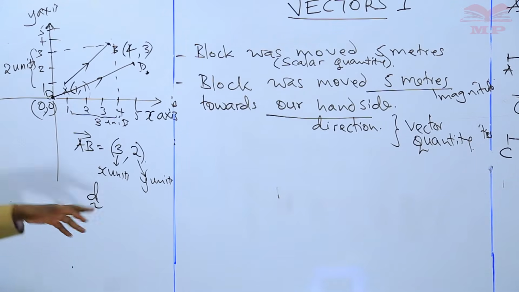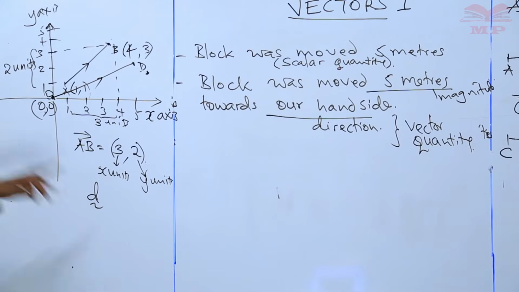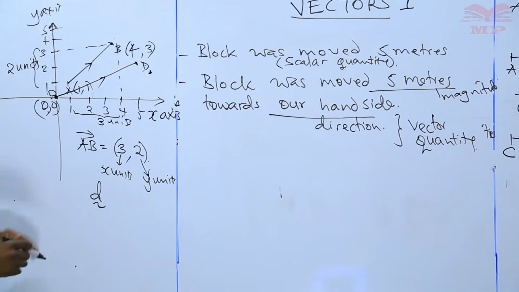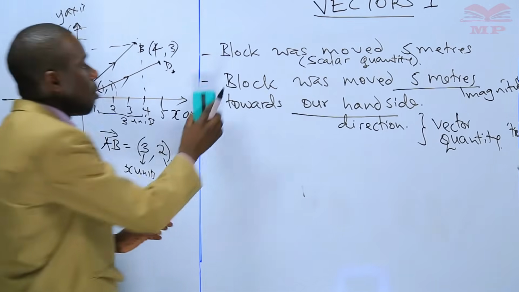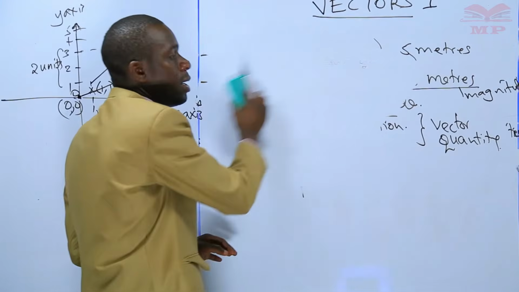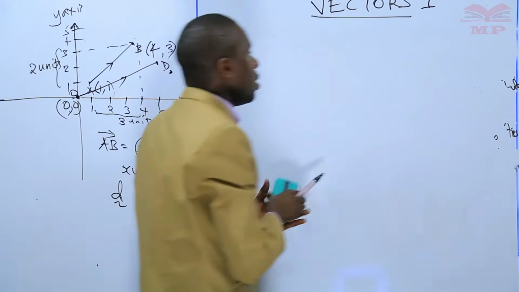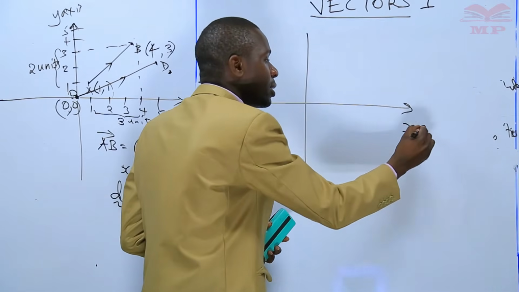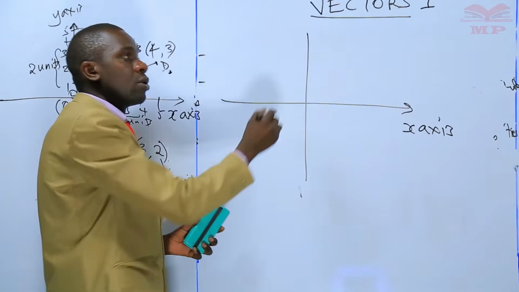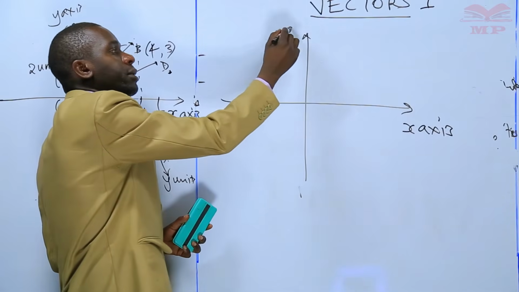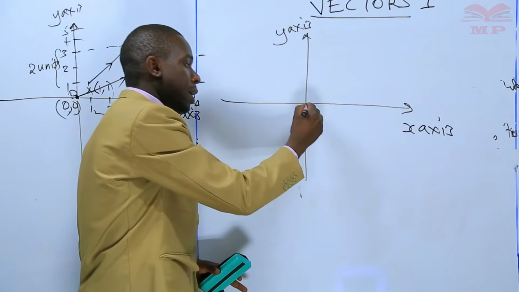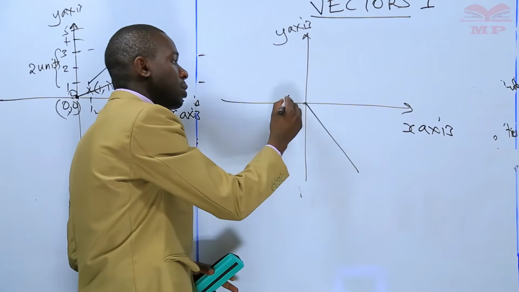Normally when you're only using one letter, use a small letter. In a situation, for example, where you have another line, let me just rub here so that you're able to see it clearly. You have a Cartesian plane like that. You have the x-axis. You also have the y-axis. You can have another vector, say this. So this is point (0, 0).